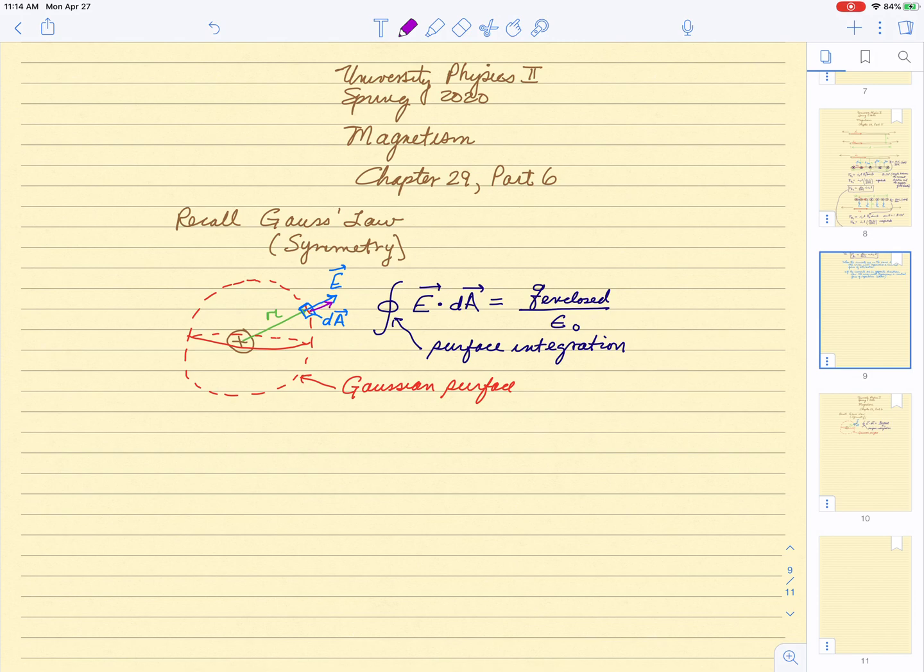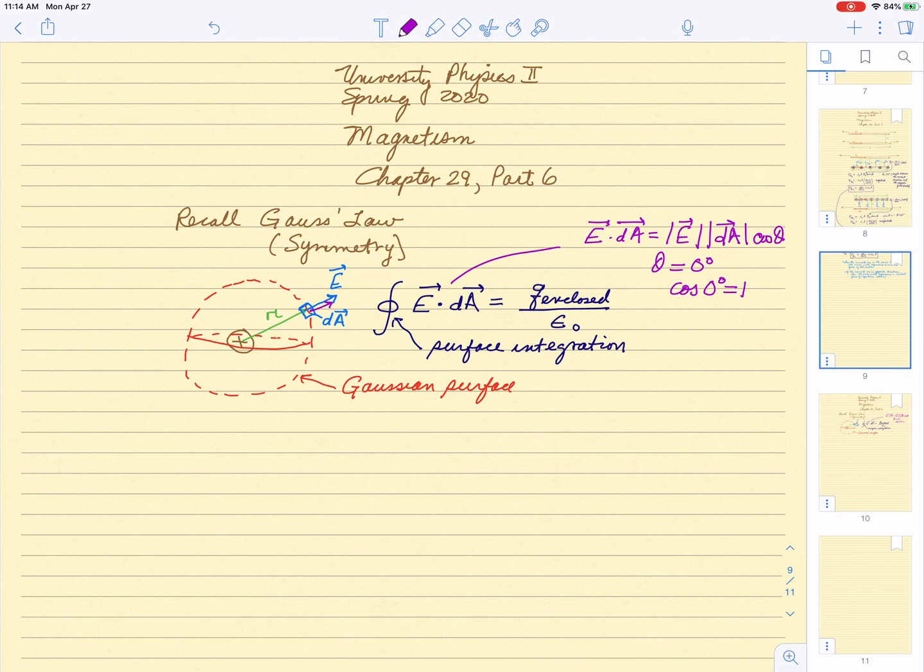And so the dot product, E dot dA, is equal to the magnitude of E, the magnitude of the little patch of area, times the cosine of the angle between those two vectors. So theta is 0 degrees, cosine of 0 degrees is 1.